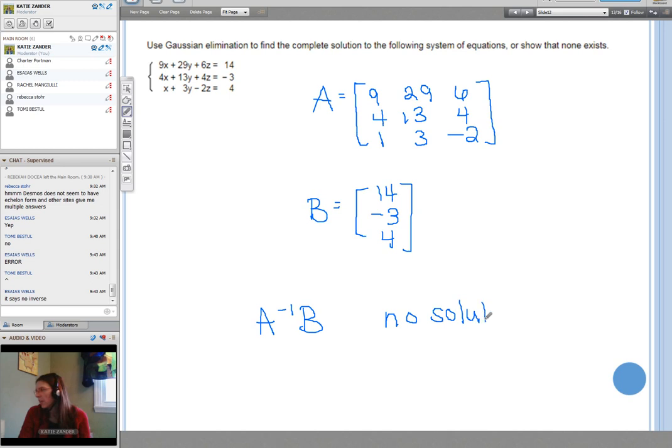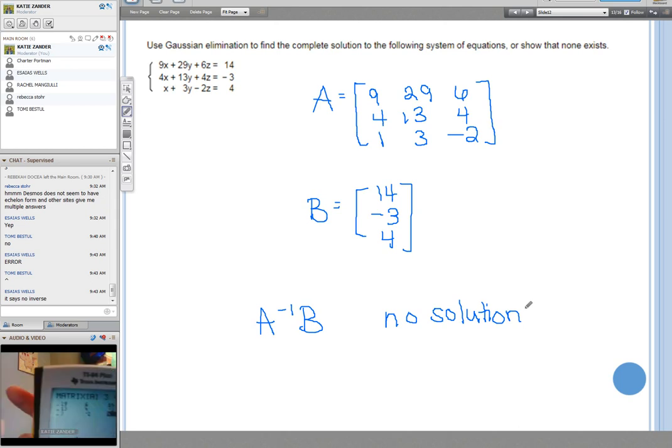And to get a clearer picture of what's happening, you might want to use your row echelon form, or even your reduced row echelon form. So if I go back to matrix A and I edit that one more time so that I make this a 3 by 4 matrix, and then I can just enter in that last value, which is your 14, -3, and 4.